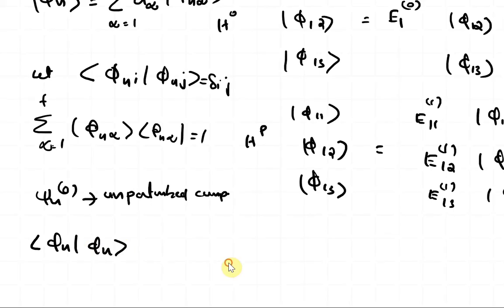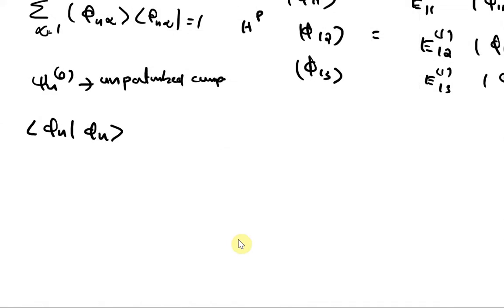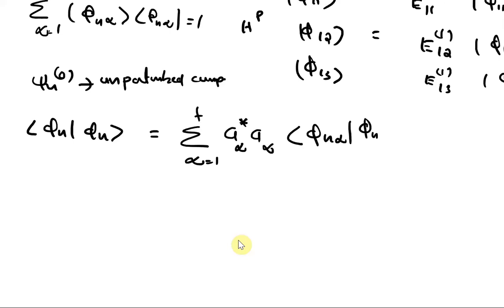That is the sum over alpha from 1 to f, and you have the complex conjugate of a alpha multiplied with a alpha, and their corresponding terms, phi n alpha and phi n alpha, and this is nothing but delta, that's nothing but 1, right?